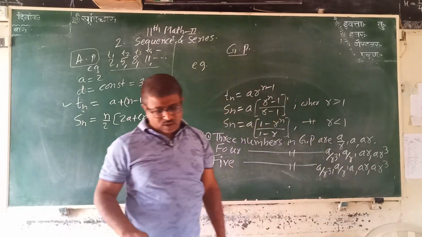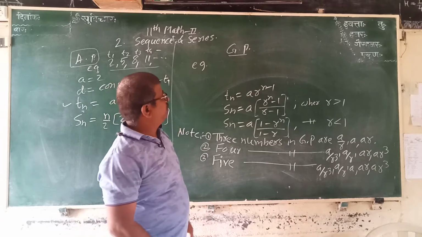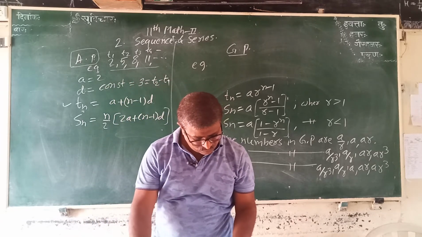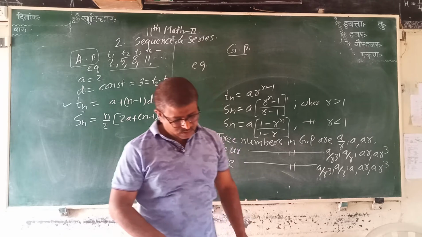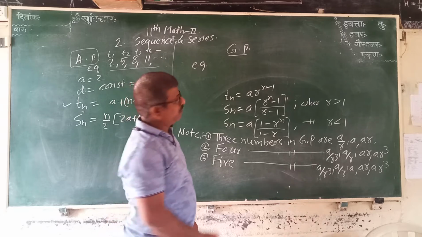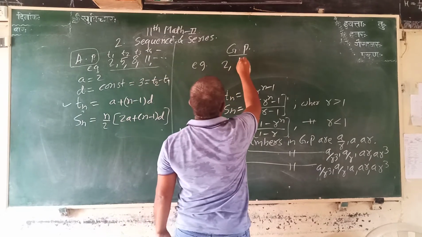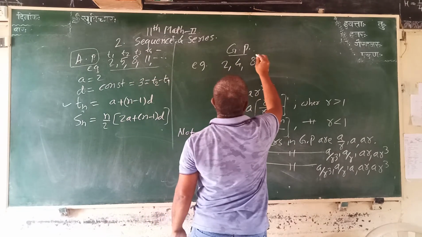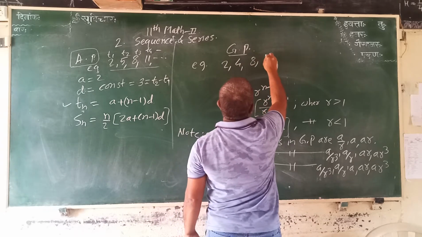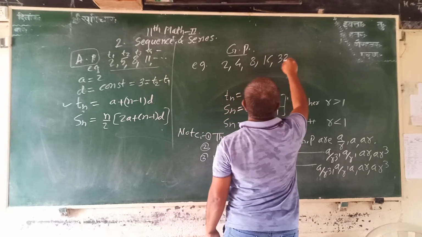But we have multiples of this. That is, for example, we take here the progression example that is 2, 4, 8, then 16, 32.